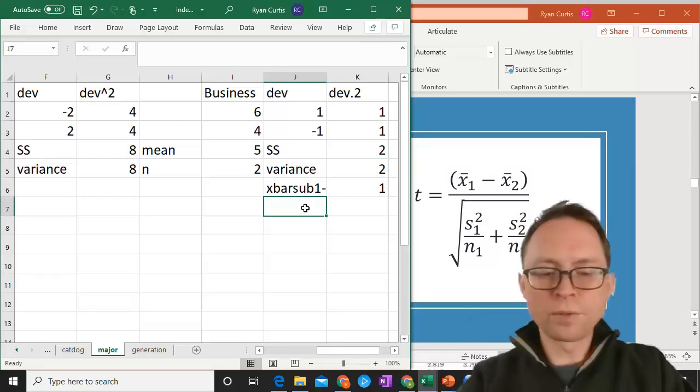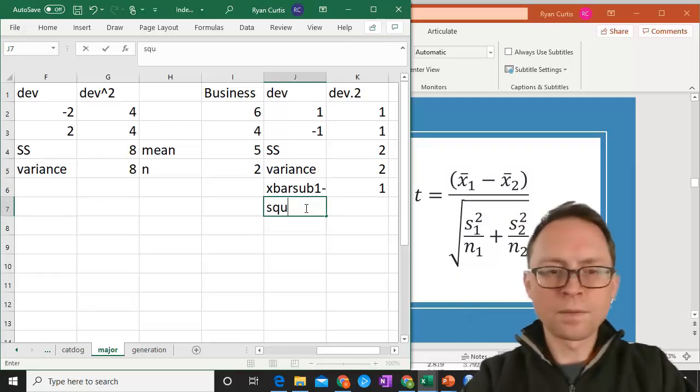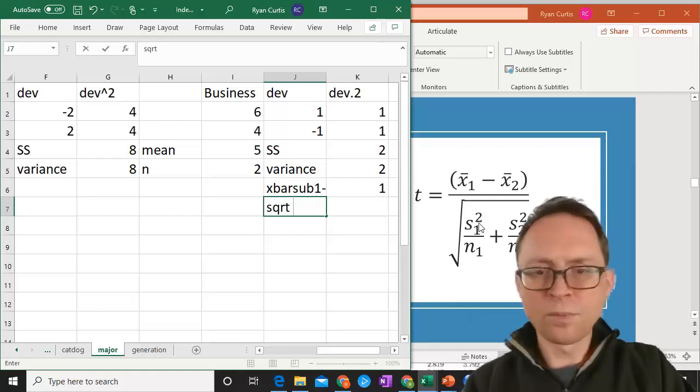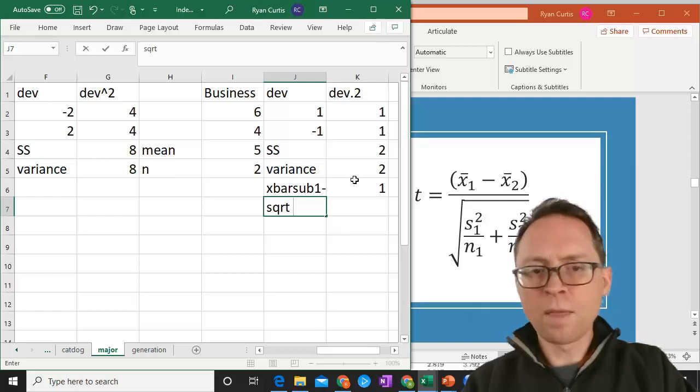And then we need the square root of 5. So remember, variance of the first group divided by how many people. So the variance of psychology majors divided by the number of psychology majors. Variance of business majors divided by the number of business majors. So in this case, it's 8 divided by 2, that's 4, plus 2 divided by 2, that's 1. So 4 plus 1 is 5.